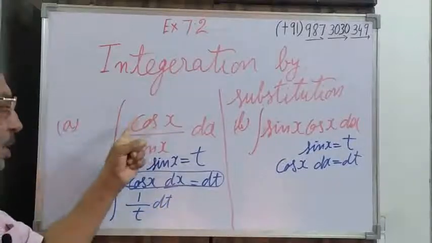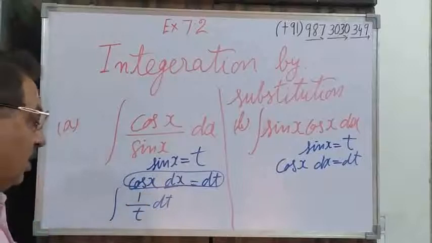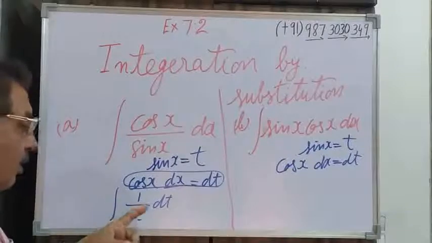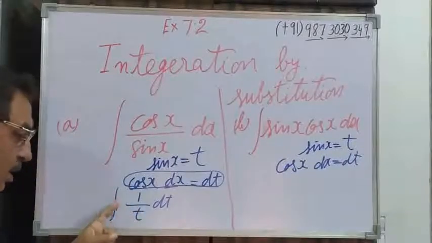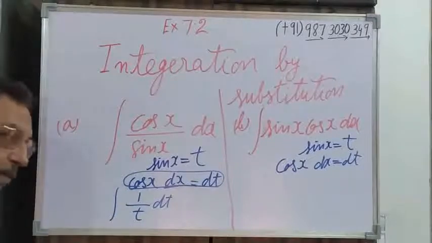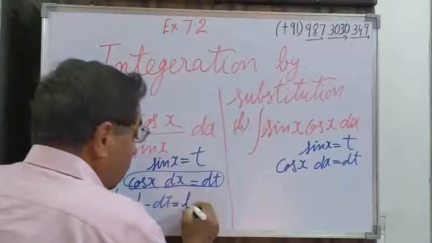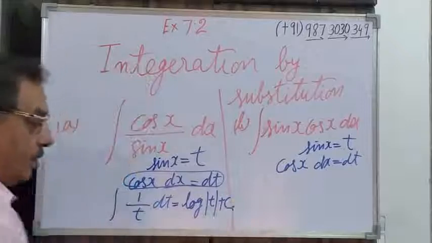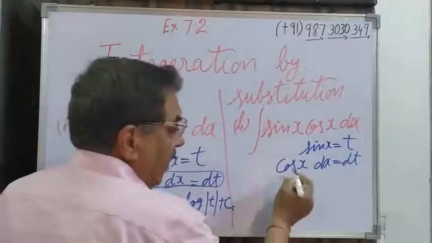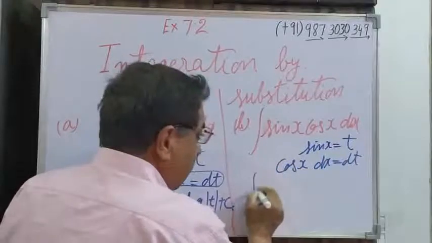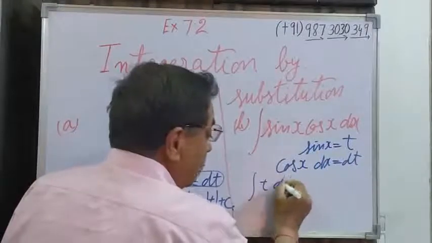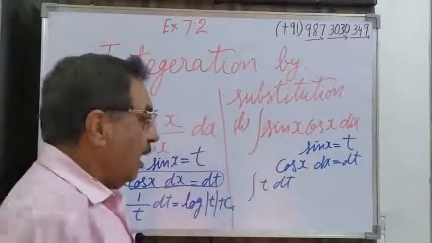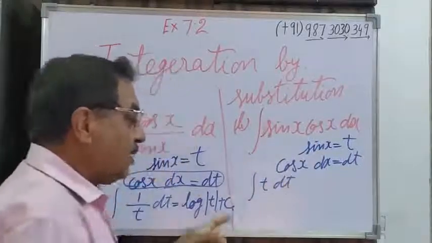In exercise 7.1 we told you that the integration of 1 by t is log of t plus c. In part B, sin x is taken as t and cos x dx is written as dt.